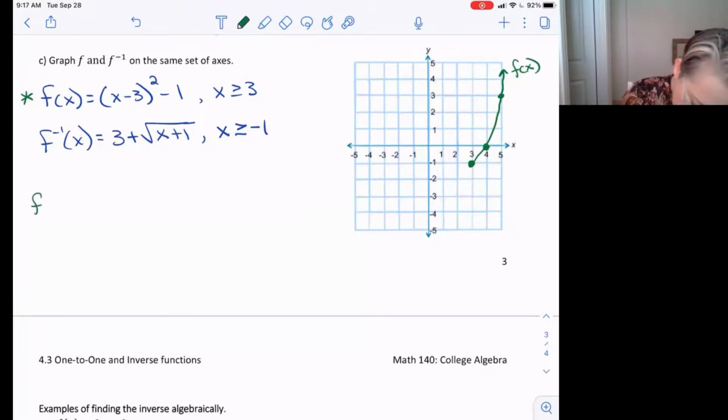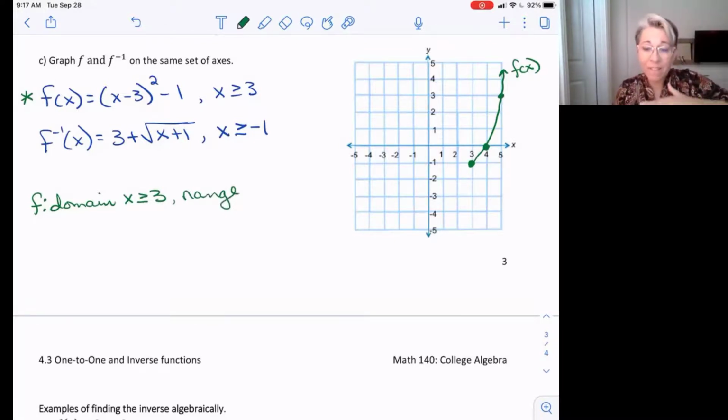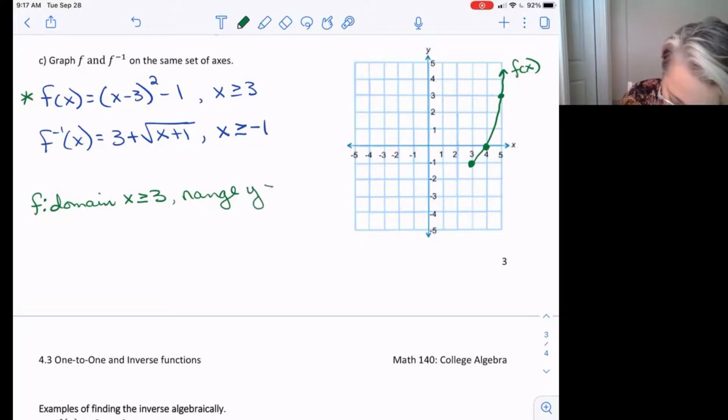So for f, it had a domain where x was greater than or equal to 3, and it also had a range. Notice the y values start at -1 and go to infinity. So the range is y has to be greater than or equal to -1.